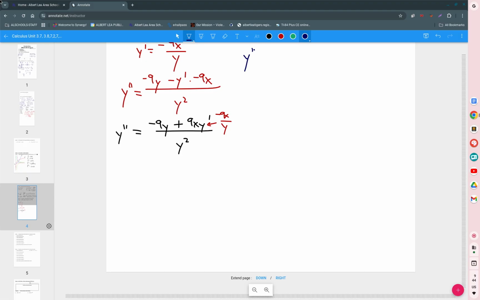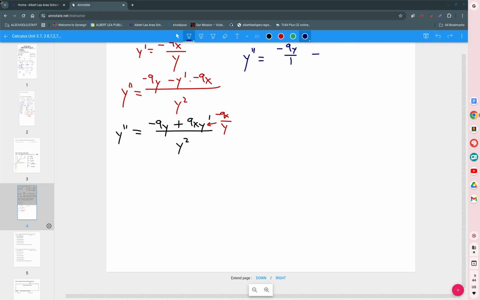I got y double prime is equal to negative 9y over 1, and if I multiply these two together, does everybody agree I'm going to get a negative 81x squared in the top?